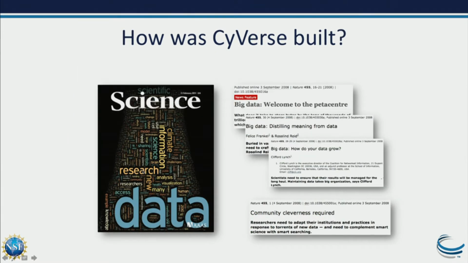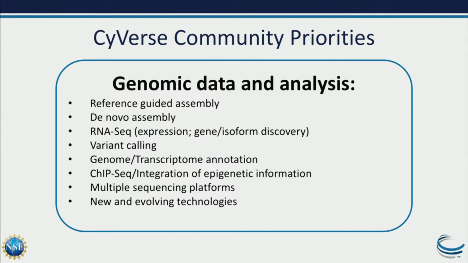A really quick introduction to how CyVerse is built, to wrap that part of the story up: we've known for some time in science that these big data challenges were coming, and we also knew that it wasn't a matter of just a few individual people solving the problem, but really gathering the community together to find out what the requirements are. So the first 1.5 years of the project were largely focused on determining from the community what the needs were.